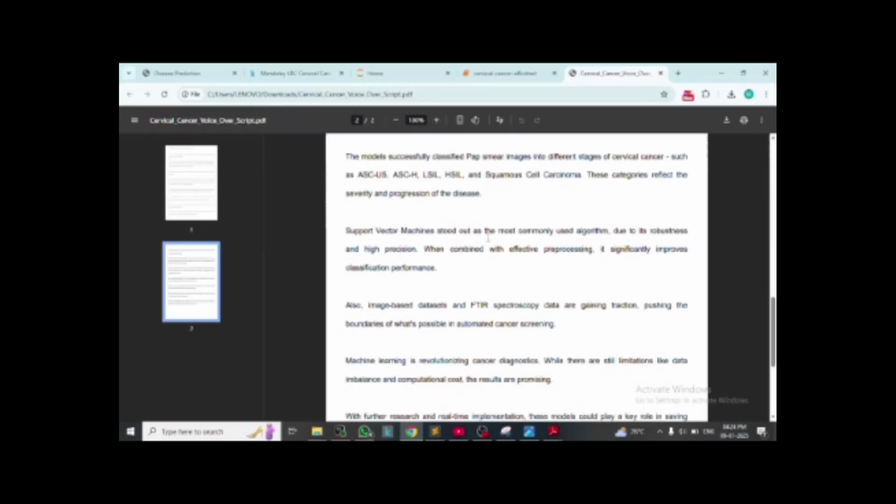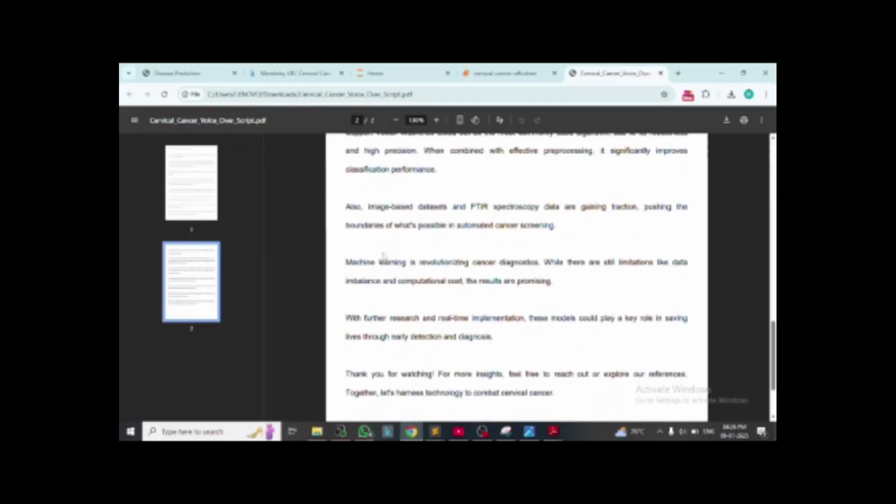Support vector machine stood out as the most commonly used algorithm due to its robustness and high precision. When combined with effective preprocessing, it significantly improves classification performance. Also, image-based datasets and FTIR spectroscopy data are gaining traction, pushing the boundaries of what's possible in automated cancer screening.